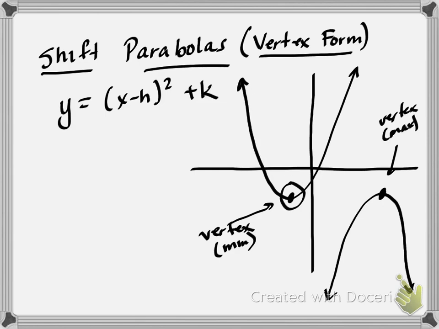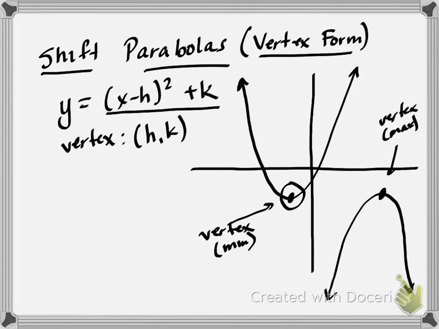Well, the nice thing is when you have a parabola in vertex form, in this format right here, the vertex is at the point h, comma, k. So remember that h and k will have numbers here. Now I want you to look at a couple of things here as we look at this vertex and vertex form.